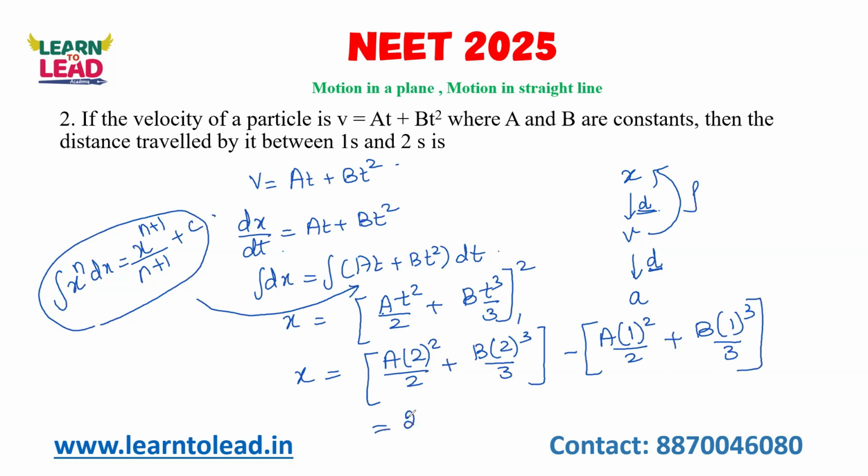That is 4a by 2, 2a, plus 8b by 3, minus a by 2 minus b. If you reduce this, you will get your answer as 3 by 2 a plus 7 by 2. This is the value for displacement. Now let us move on to the next question.